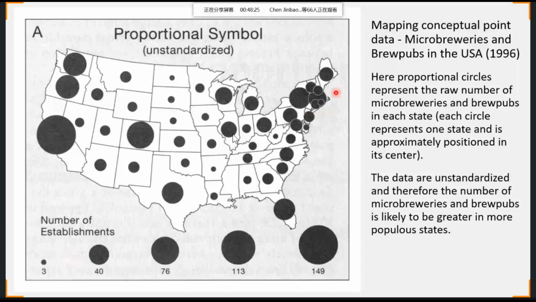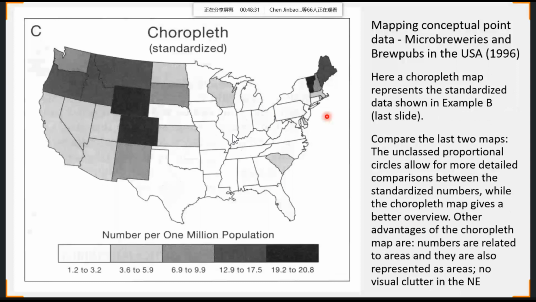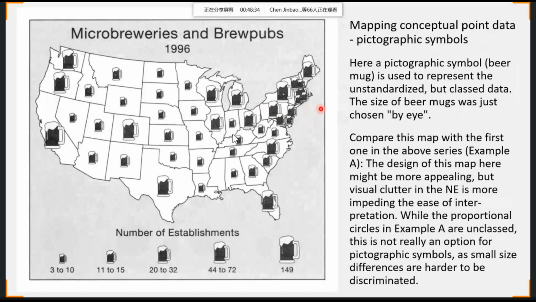And the visual clutter here is not as big a problem as with the beer marks. Here, it doesn't look good. Sometimes you can even not really see that these are beer marks, and it's difficult to locate them also in the different states.